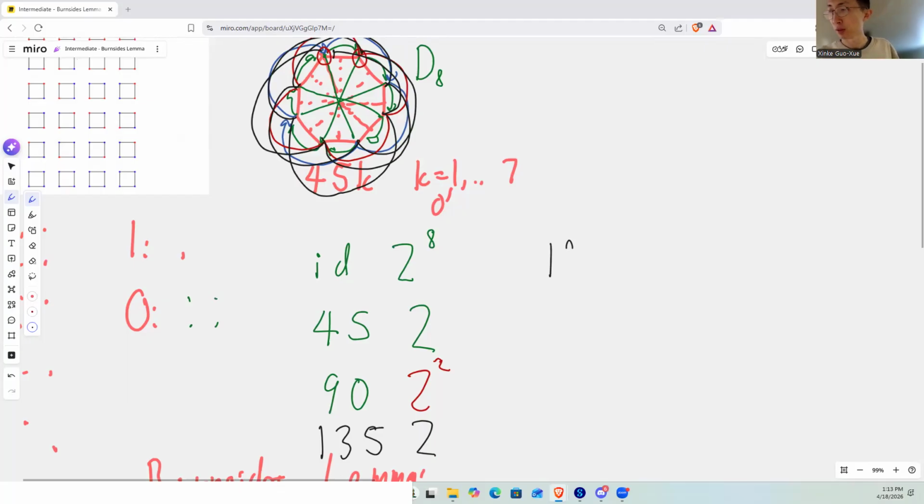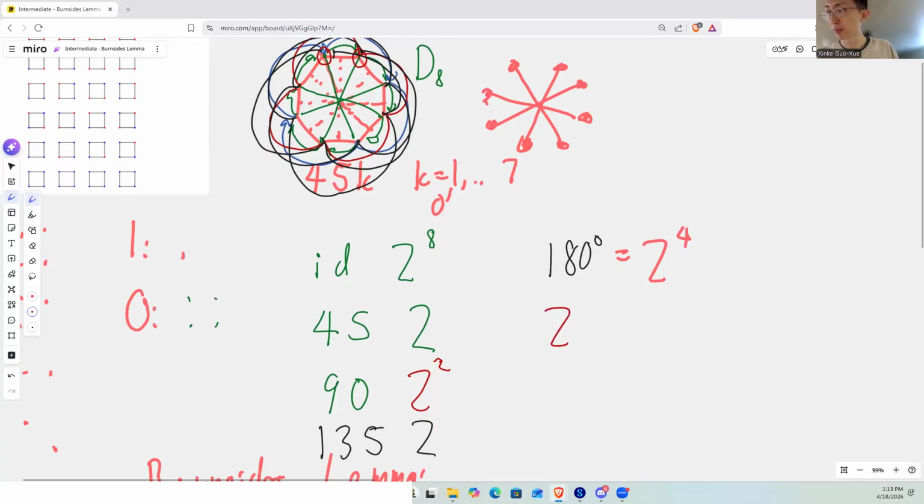Okay. A 180-degree rotation sends opposite pairs of vertices to each other. So these two are the same, these two are the same, and these two are the same. So this is going to be 2 to the 4th.